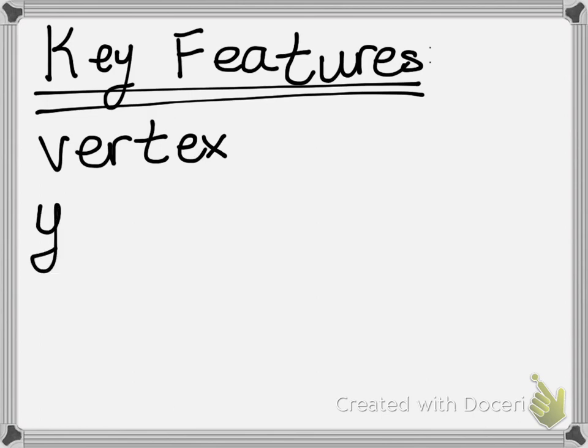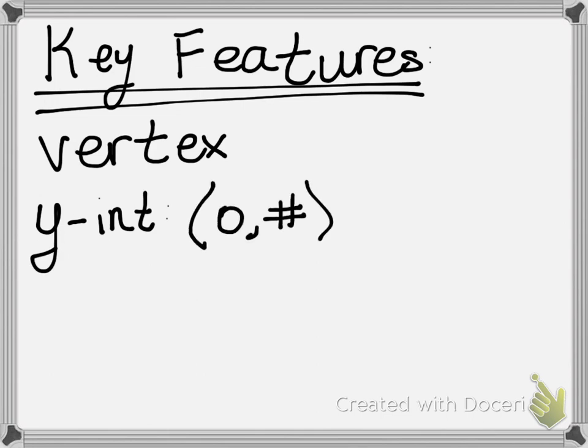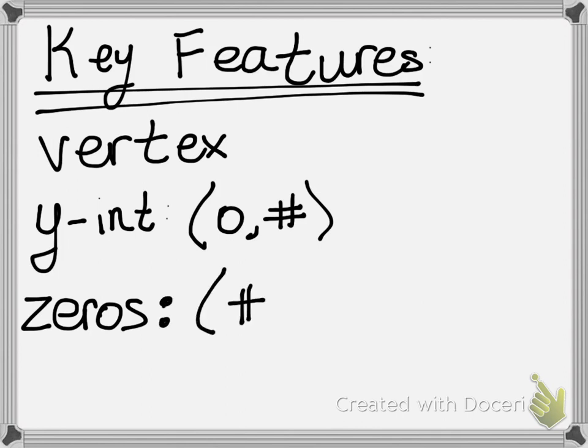Another one will be our y-intercept, which we all know is going to be 0, a number. Another one is our zeros, also known as our x-intercepts, which will be written as number, comma, 0. There could be 1 zero, there could be 2, there could be none. Just kind of depends on the graph, so make sure you're okay with finding that.